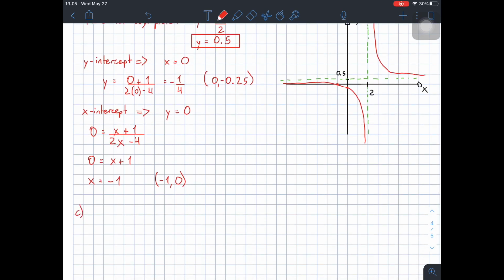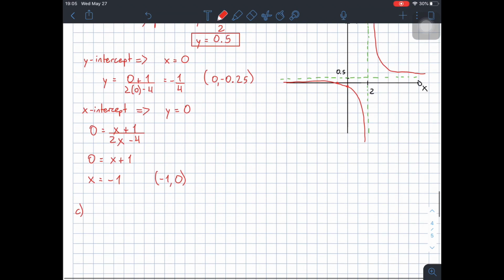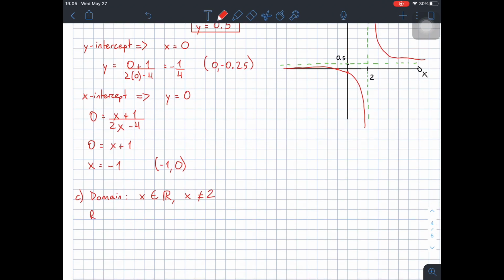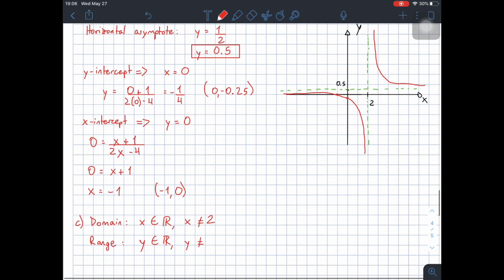Finally, for part C, we want to find the domain and range once again. So the domain is x belongs to all real numbers except 2, x different from 2. And the range is y belongs to all real numbers except y equals 0.5.